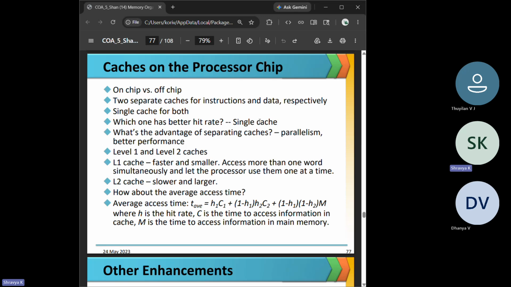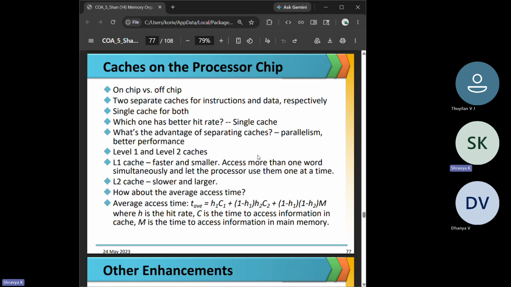In this period we're only using the data cache and not the instruction cache, and we could have put more data in if we had used a single cache, but now it's just sitting there empty if we use two caches. So for getting a higher hit rate, perhaps a single cache would be more useful.